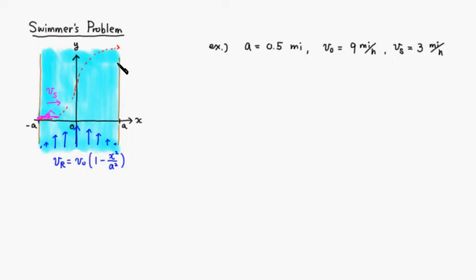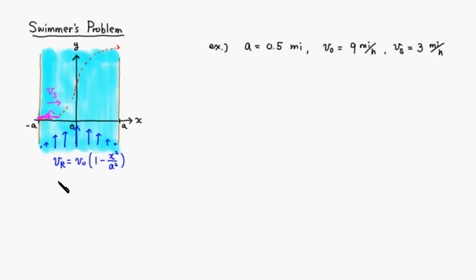And what we want to do is find the equation for this swimmer's path. First we have to interpret Vs. Vs is the sideways, the horizontal component of the swimmer's motion.